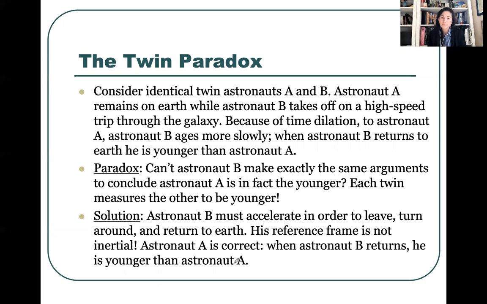If astronaut B moves and returns back to the Earth, there has to be an acceleration in order to return, so that's not an inertial frame of reference. Astronaut A is correct because astronaut A stayed at rest and was not accelerating. So when astronaut B returns, B would be younger than astronaut A.